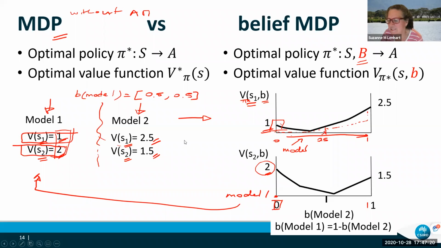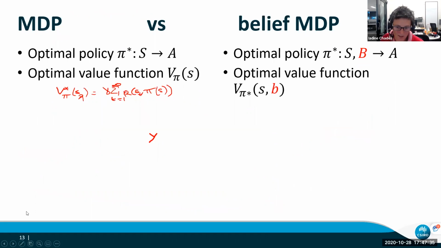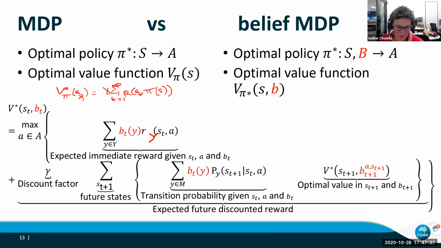One more thing. One person asked, are they always convex because of something like Jensen's inequality? I didn't look at that proof, but to give you some intuition, we're maximizing, we're not minimizing, and these are rewards, not costs.